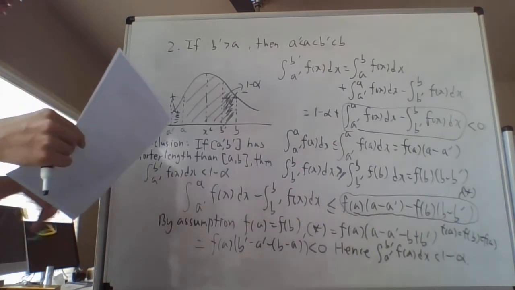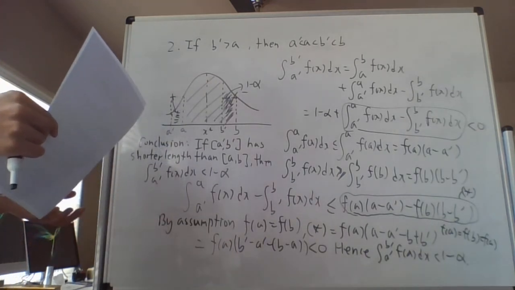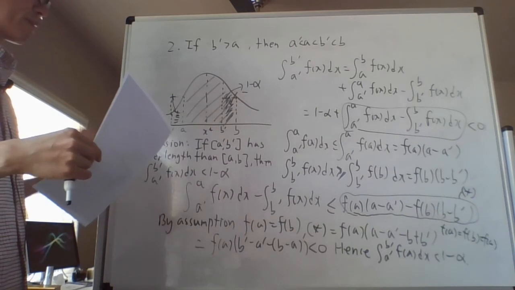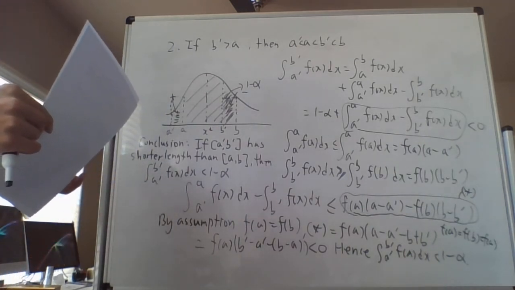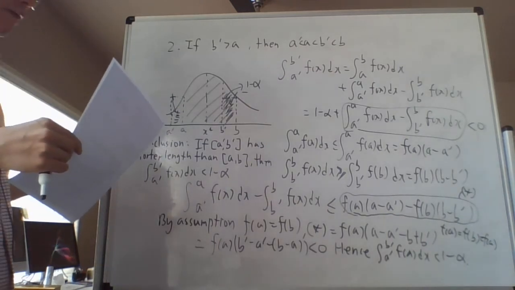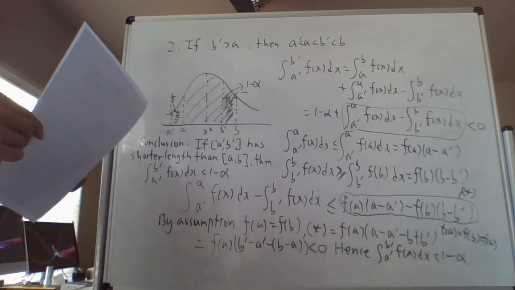The shortest interval that achieves the coverage 1 minus alpha is a and b. So no interval exists which is shorter than a b and achieves the coverage 1 minus alpha.